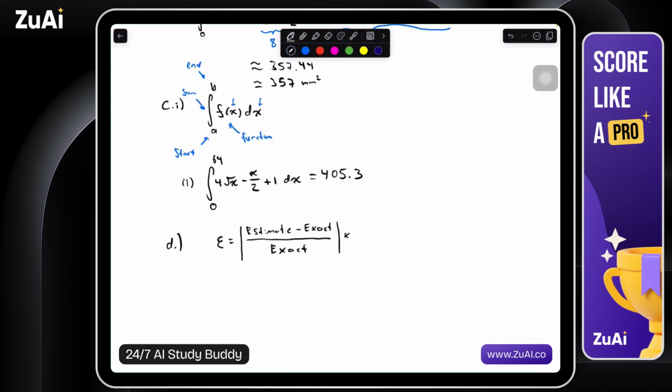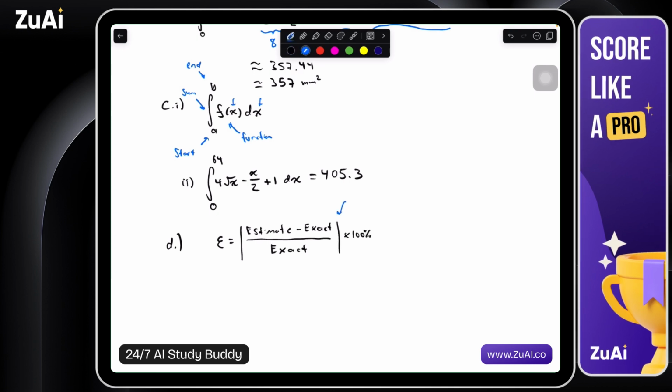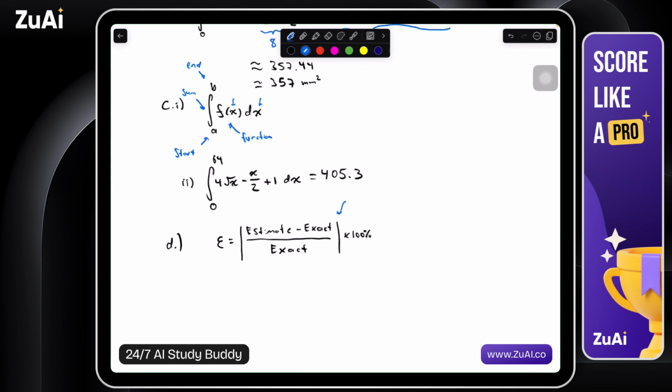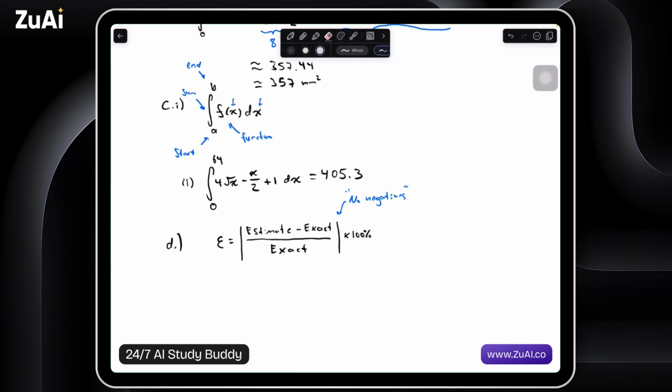And then we want to write this as a percentage because it's percentage error. And what these things, they're called absolute values. What they do is they say no negatives. So even if you get a negative value, we don't want any negatives. We want to write it just as a positive difference. We want to find what's called the magnitude of the difference between our estimate and our exact.